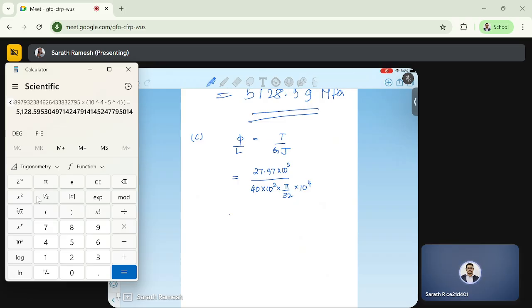Okay, so this will be 27,970 into 32 divided by 40,123 into pi into 10 to the power 4.